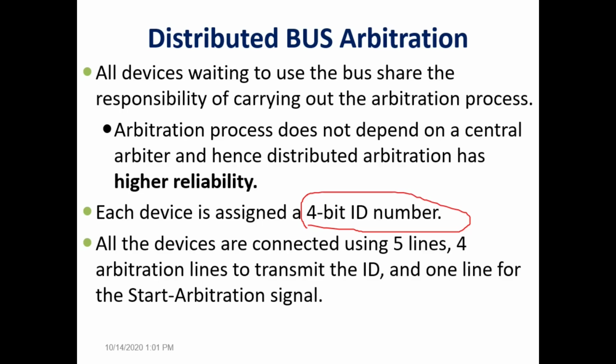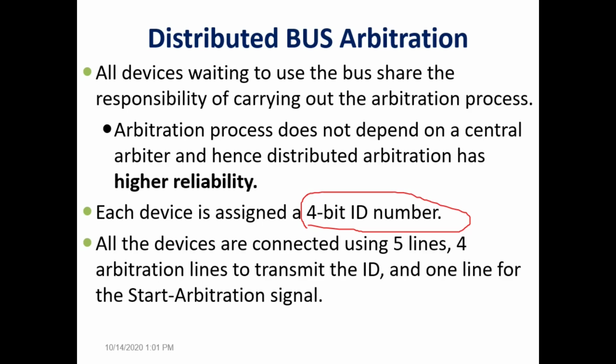The devices which want to become bus master transmit their IDs to a combination of lines called arbitration lines. So there will be 4 lines called arbitration lines, which hold the 4-bit ID of every device.